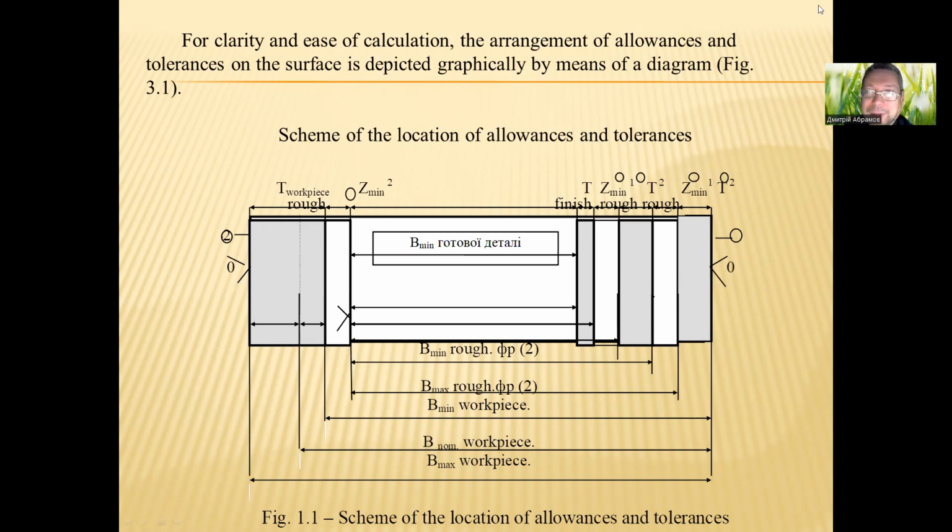Please write down in your notes the scheme of the location of allowances and tolerances. Write down these allowances and tolerances. You have the time to do this.